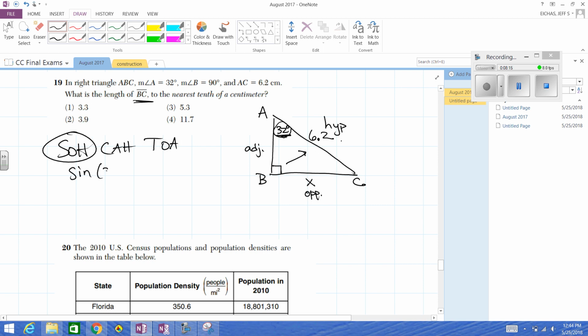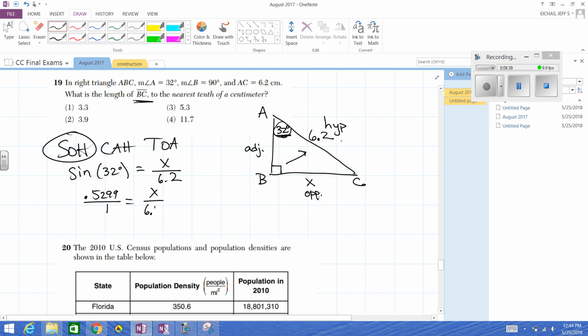Sine of 32 degrees, the sine ratio, defines the ratio of two sides, opposite over hypotenuse. Now, I would type sine of 32 in. This is just how I do it. Not everybody does it this way, but I would change that to a decimal, .5299.